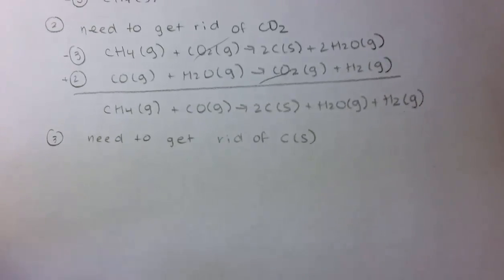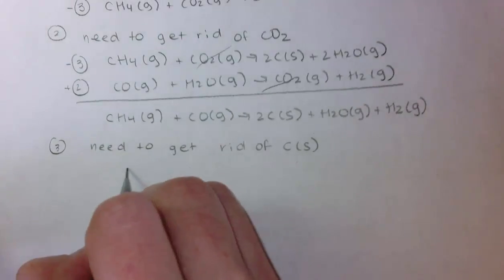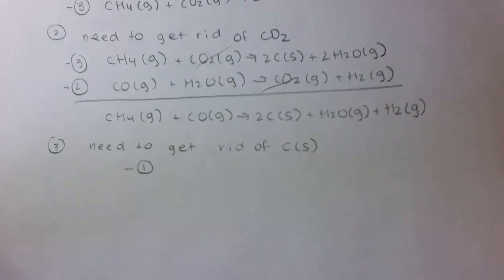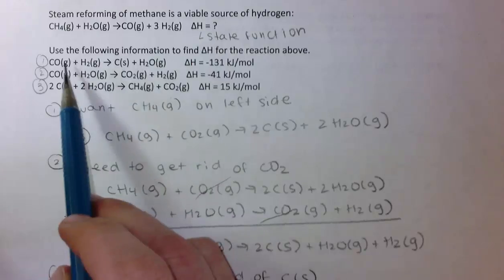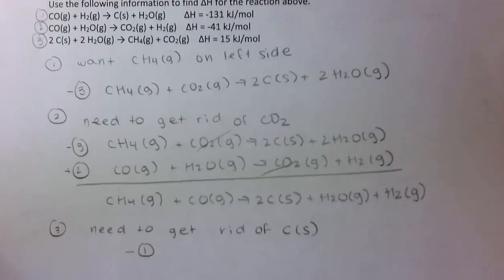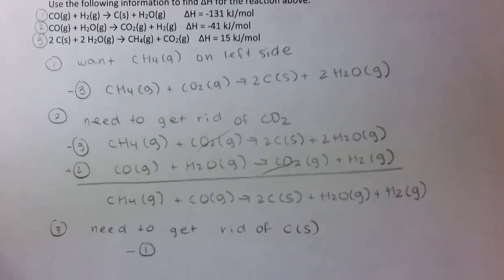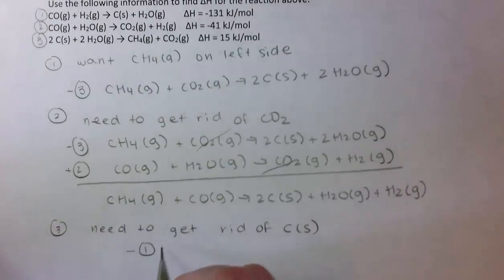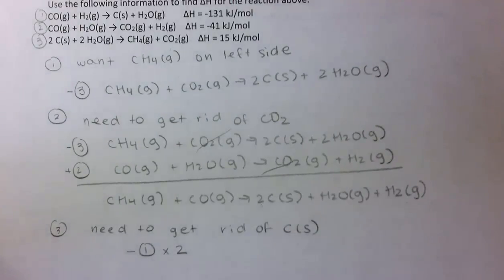So what we're going to end up doing is flipping or reversing equation 1, which is just multiplying by -1. That way we have carbon on the left side, because here we have carbon on the right side, so we need it to be on the opposite side to cancel it. Then we're going to multiply that equation by 2, because this carbon has a stoichiometric coefficient of 2.